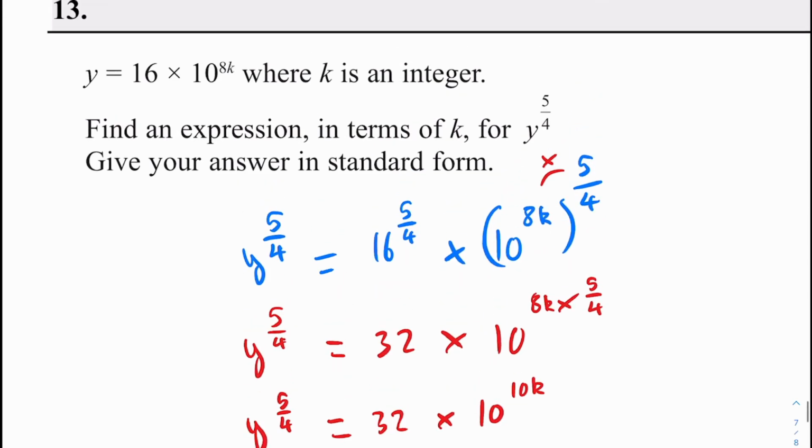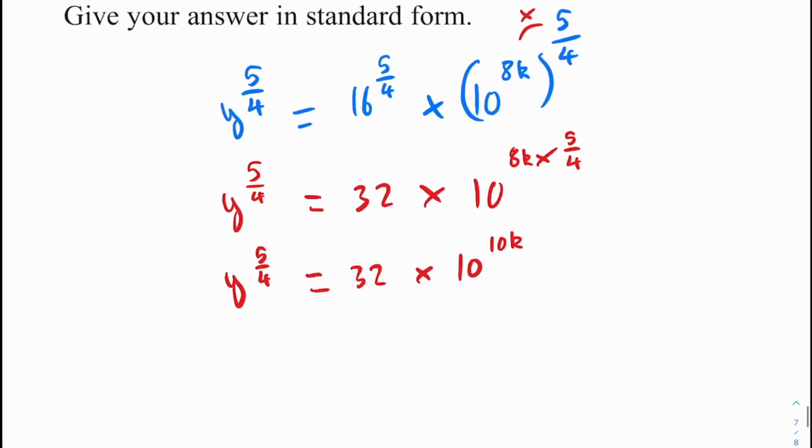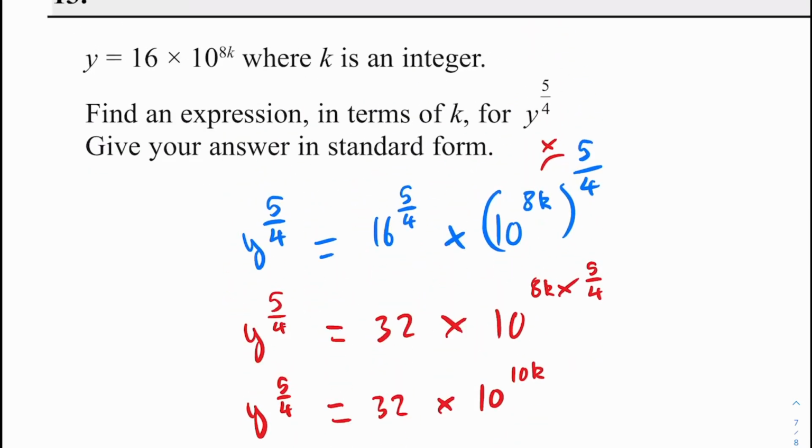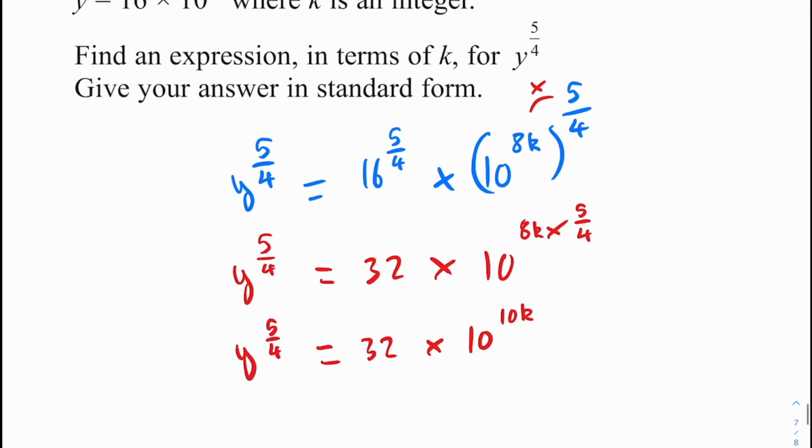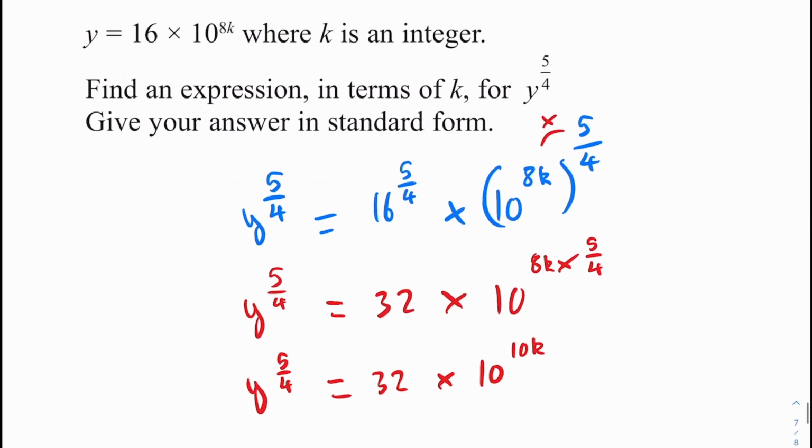I don't actually have the answer sheet for this, but at the end of the video I'll go over it and say if it's right or not. Hopefully it is. So that's the way I'd go about it. What we've done is we've said they want to replace y with y to the power of 5 over 4, which we've done. We then need to apply this to every term in the expression, which we've done again.